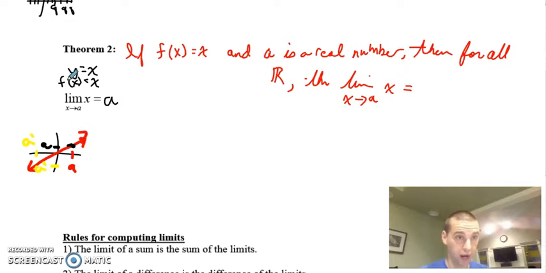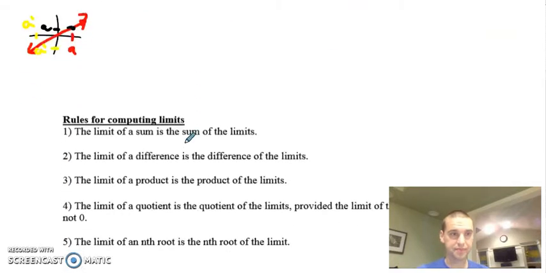Because this is y equals x, and we know that the number that we're approaching is a. So if f of x equals x, or y equals x, and a is a real number, then for all real numbers, the limit as x approaches a of x equals a. So using those two graphs, hopefully that makes some sense to you.